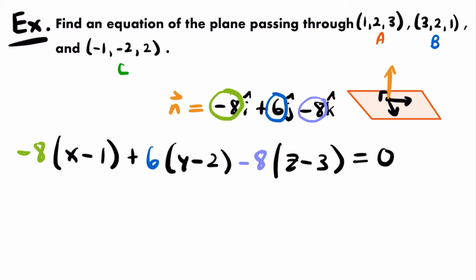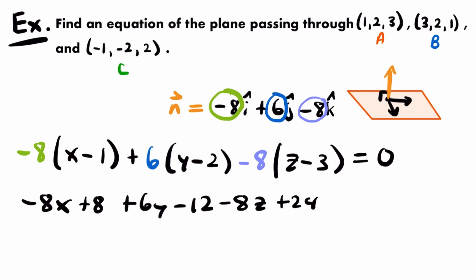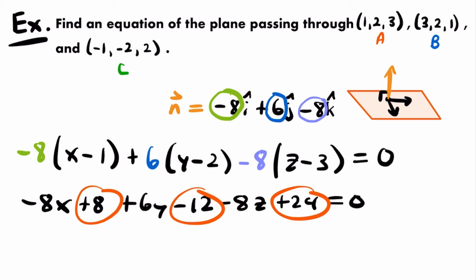And now if we simplify, we will have -8x plus 8 plus 6y minus 12 minus 8z plus 24 is equal to 0. And so now, if we move our constant values to the other side of the equation, we will subtract 8 from both sides, add 12 to both sides, and subtract 24 from both sides.